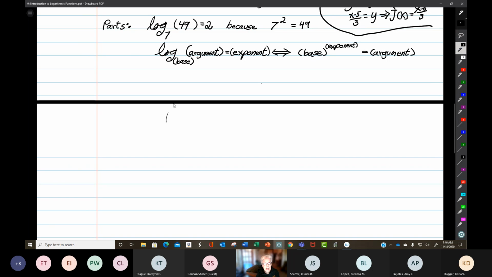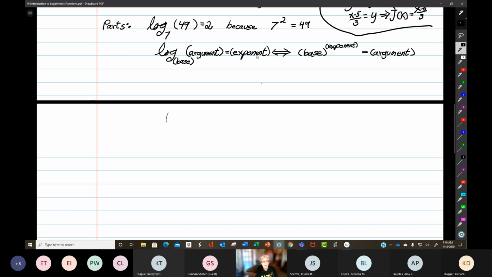You can switch back and forth between exponential functions and logarithm functions and logarithm functions and exponential functions because this is always, always, always going to be true, and that's what this symbol means. It means it goes beyond equal to total equivalency. A log has a base down here, an argument up here, and it ends up that this is the exponent.